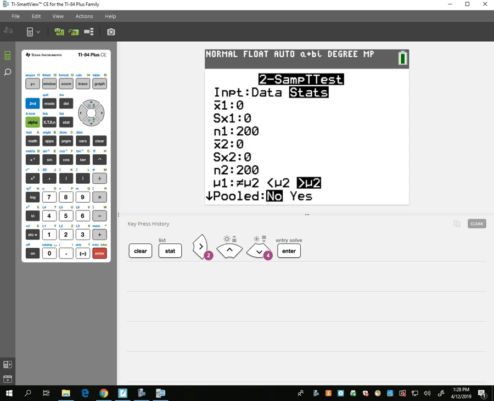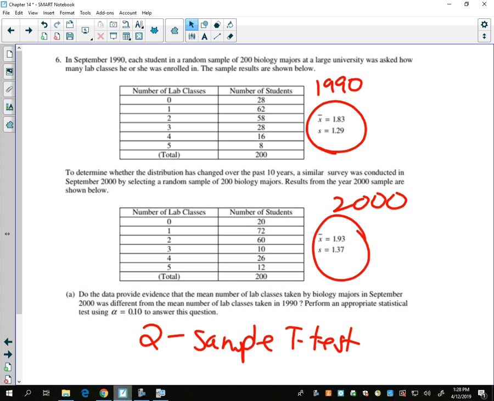We could input the data, but let's not, because then you have a frequency list. To enter the data it wouldn't be beneficial. It just wastes time. They give us the statistics, so let's do that.